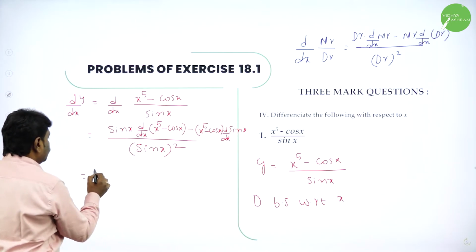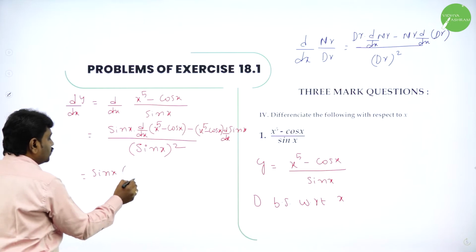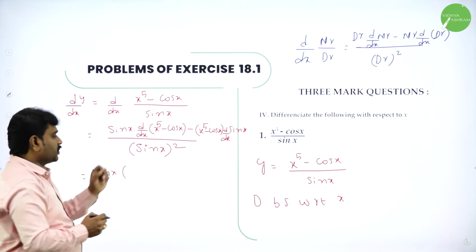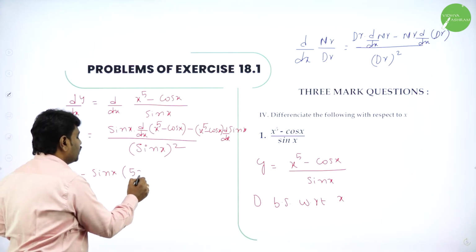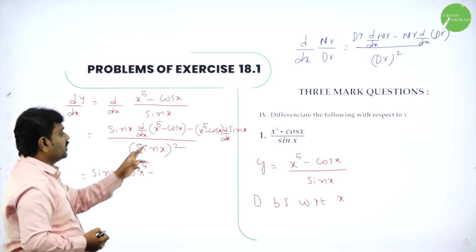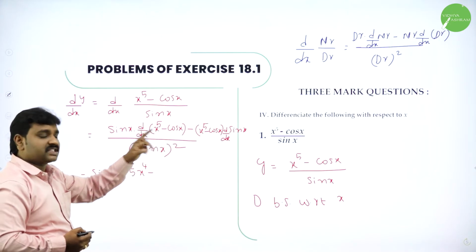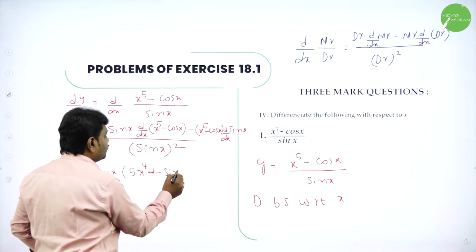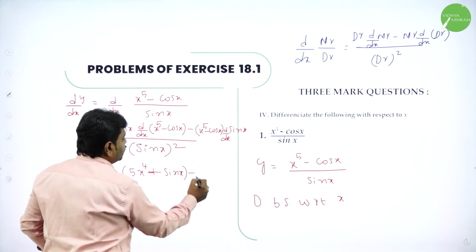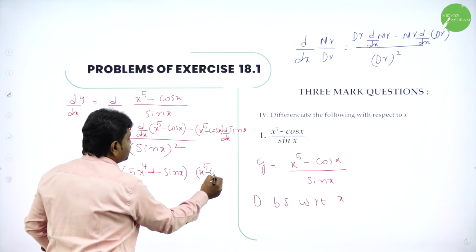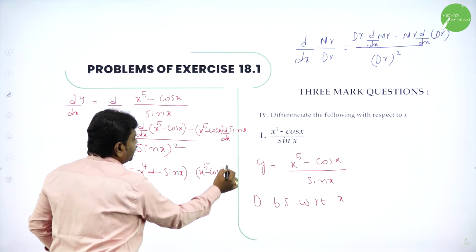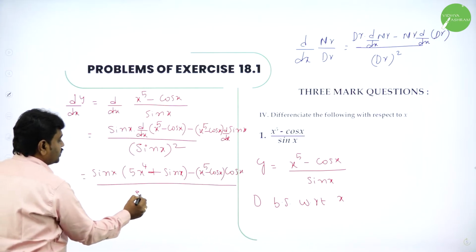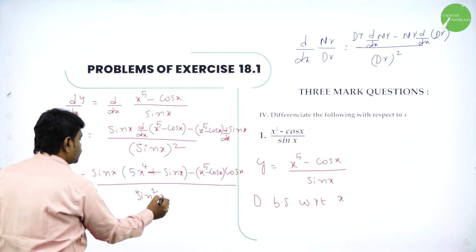Further, that will give you sin x into d by dx of x power 5. X power 5 is in the form x power n, so it will become 5 into x power 4, minus d by dx of cos x is minus sin x, minus of minus becomes plus sin x, minus x power 5 minus cos x into derivative of sin x, d by dx of sin x is cos x, divided by sin x the whole square, that is sin square x.